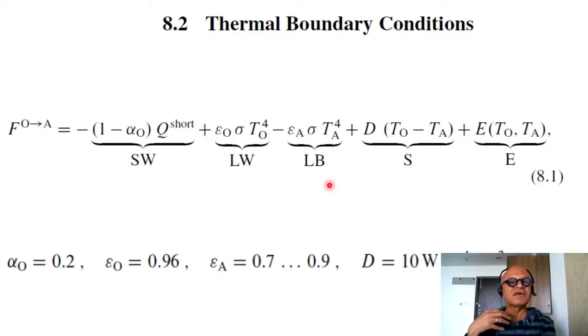We have heat exchange between the ocean and the atmosphere, but it's not something we measure directly. We begin to represent them with these kinds of parameterizations because we know that the sensible heat exchange depends on the temperature difference between the ocean and the atmosphere. We know that the evaporation also depends on the temperature of the ocean and the atmosphere.